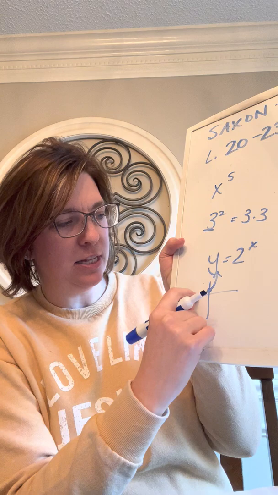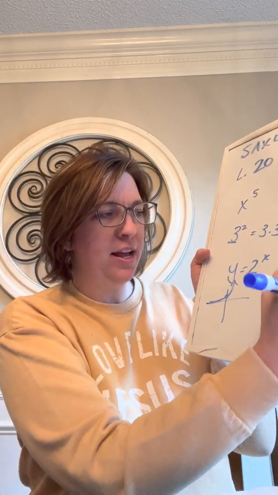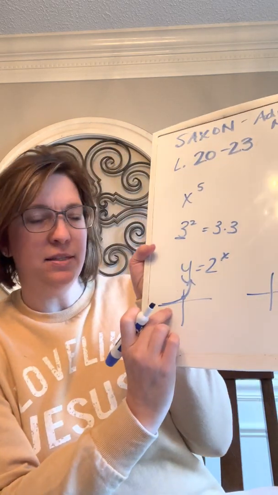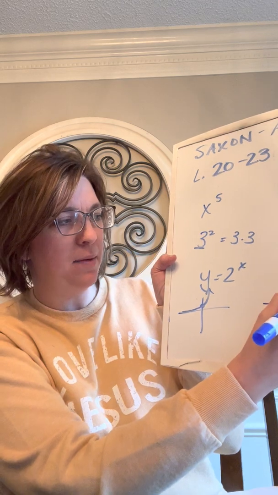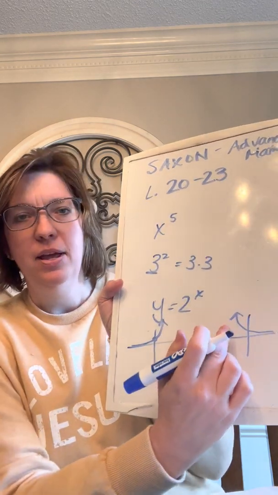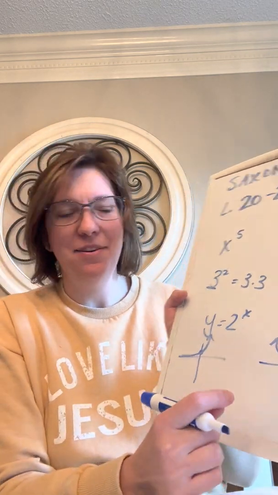But we see the difference when the base is a fraction: the asymptote is over here. Before, this was exponential growth; this is exponential decay. So we look at those two based on whether the base is a fraction or a whole number. We have looked at those in Algebra 2, but I know it has been a long time.